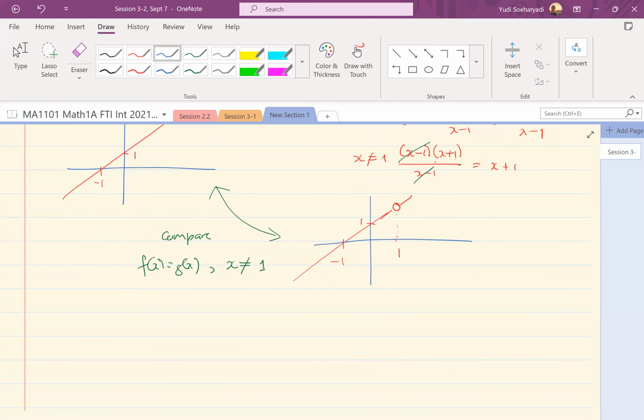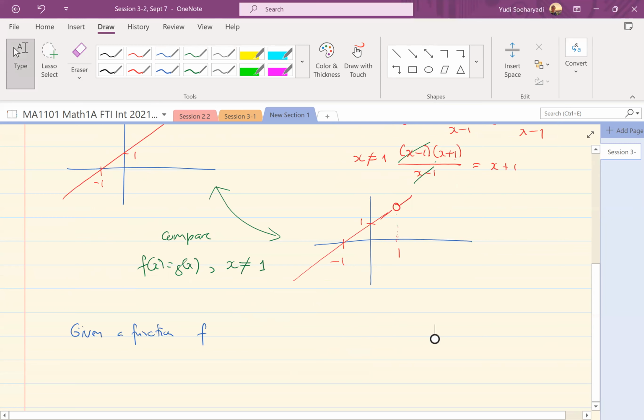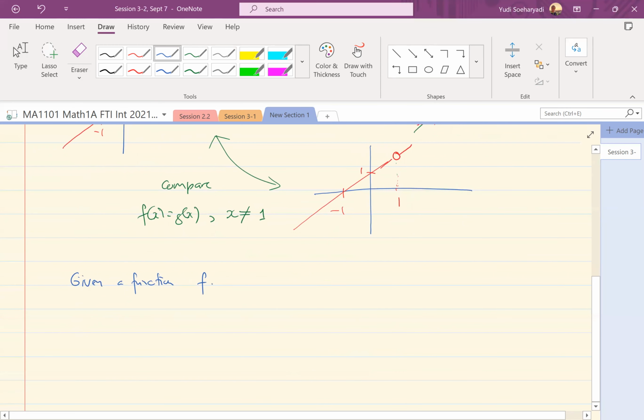If you have a function, say given a function f, I would say behavior of f at x equals a, and behavior of f around x equals a, except a itself.